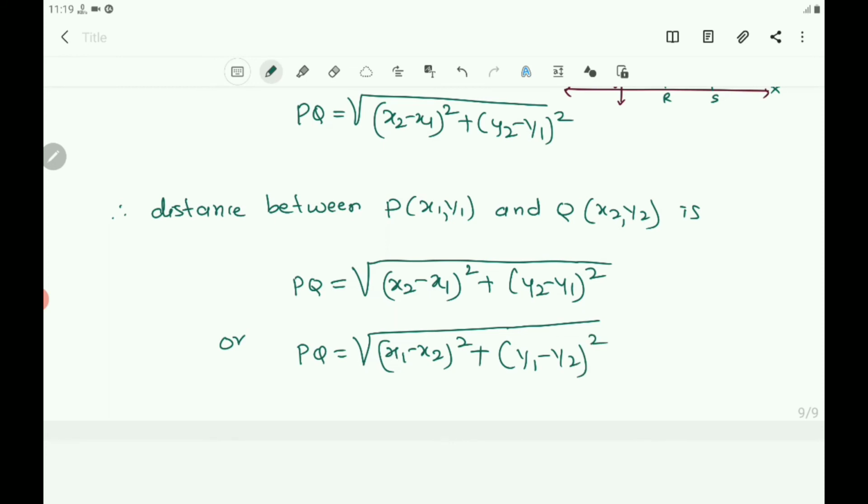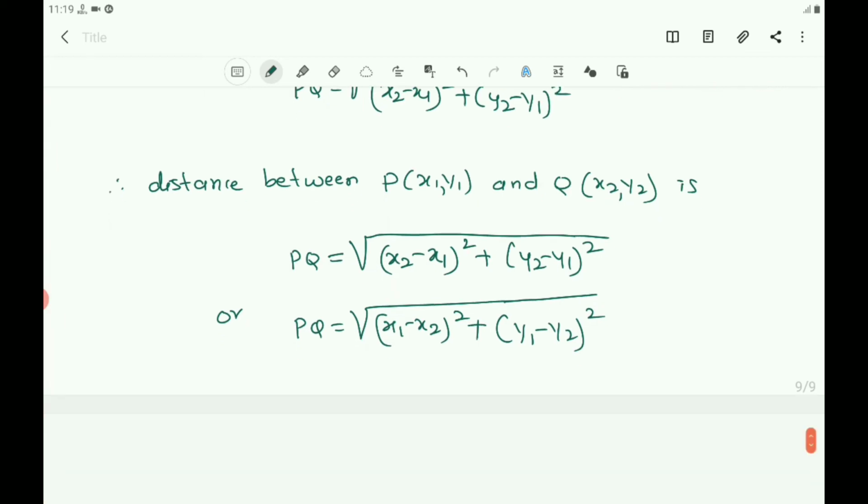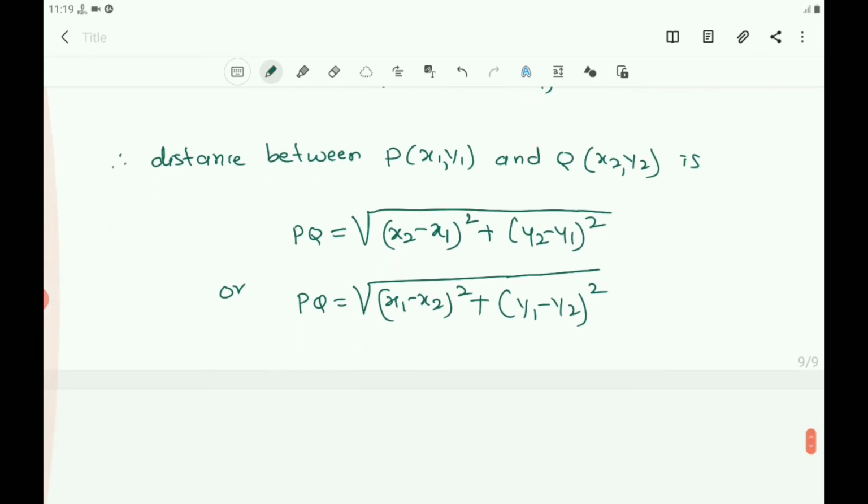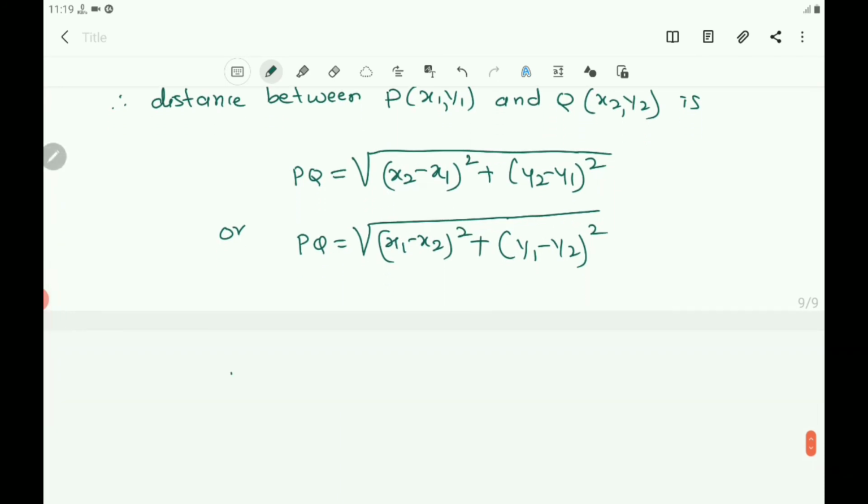Both are the same. This is called the distance formula, and you can write it as d equals the whole root of x2 minus x1 whole square plus y2 minus y1 whole square.